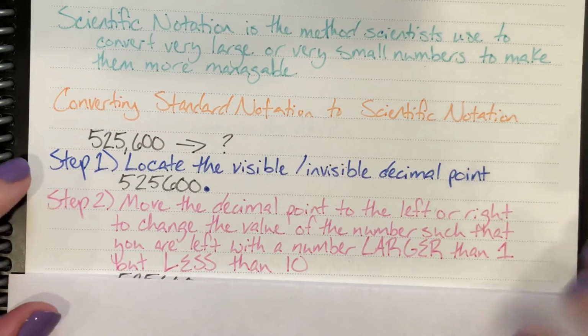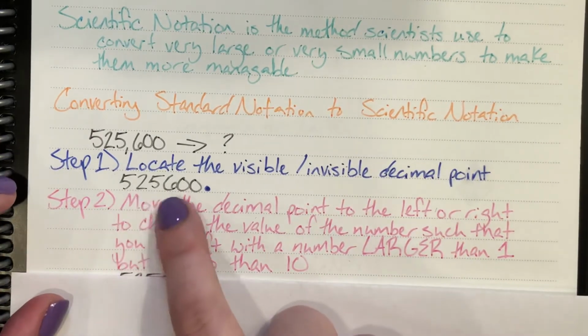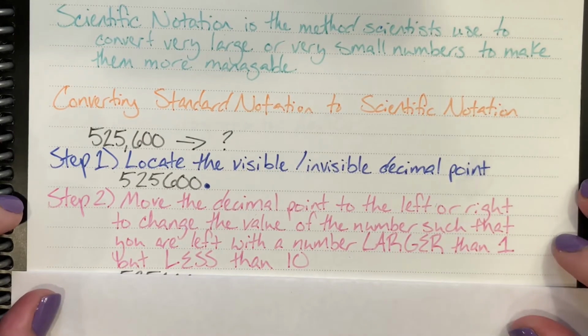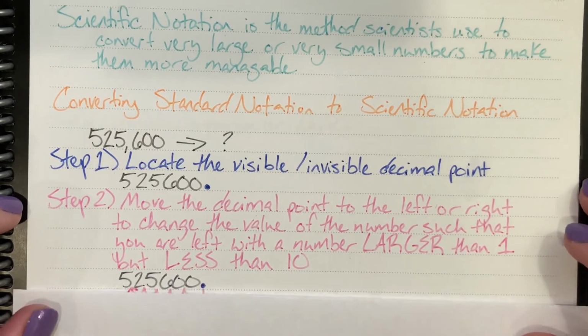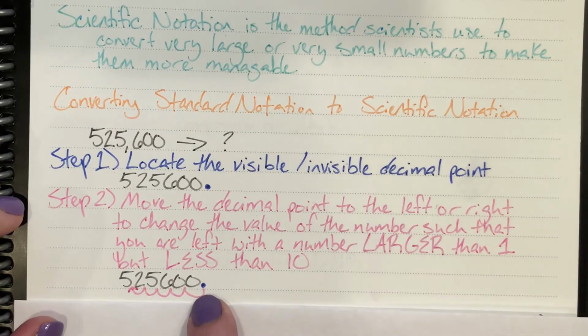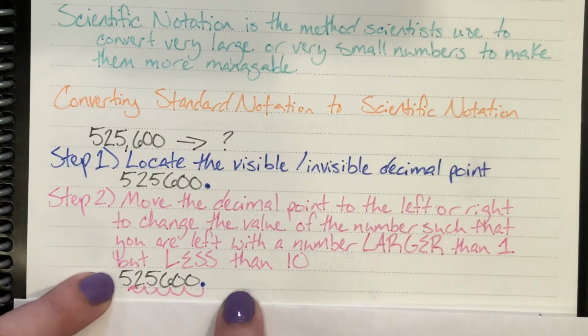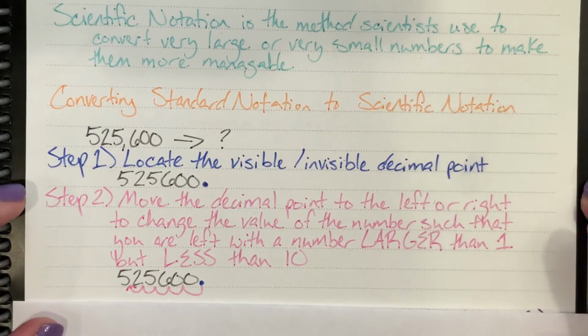So I'm going to be moving my decimal so that 525,600 will turn into a number that is greater than 1 but less than 10. So I'm going to take my decimal and move it over until the number is less than 10 and greater than 1.